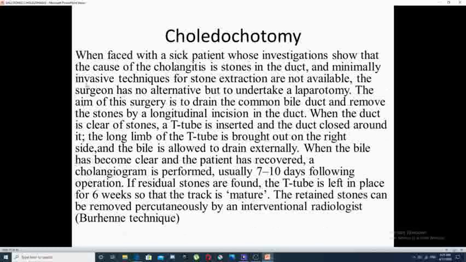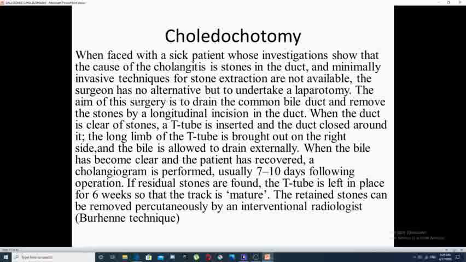Choledochotomy. When faced with a sick patient whose investigation shows that the cause of cholangitis is a stone in the duct, and minimally invasive techniques for stone extraction are not available, the surgeon may do a laparotomy.